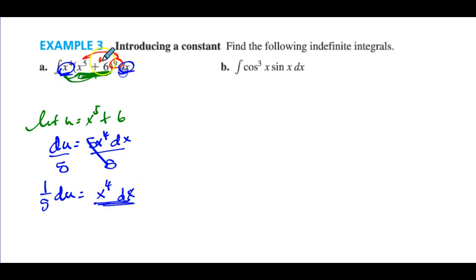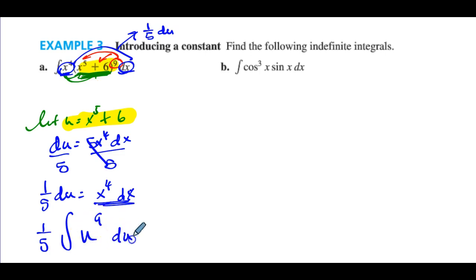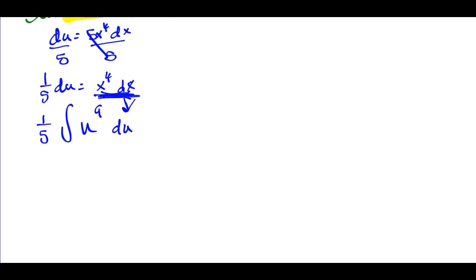I'm going to pop out the 1/5, keep the integral of, now remember, this is my u, so all of that in yellow goes to u to the 9th, and then I have du represented by that x to the 4th dx. You can always pop out a constant, you just can't pop out variables like an x or a u. But the 1/5, yep, sure enough, comes popped out.